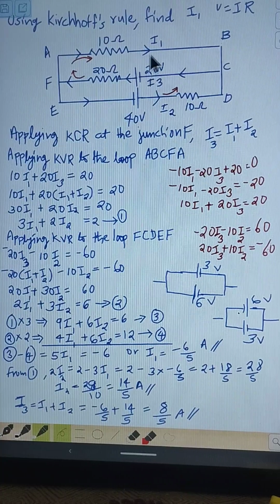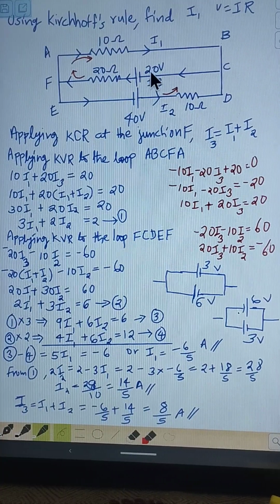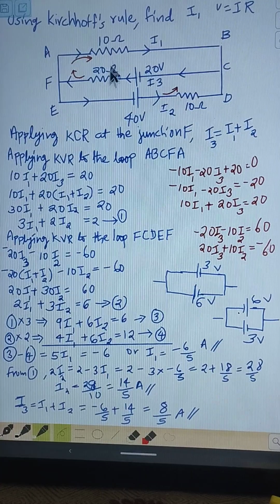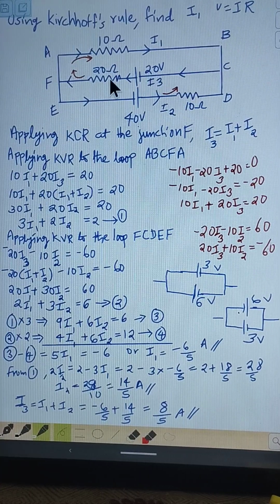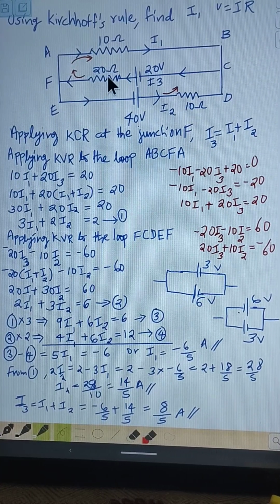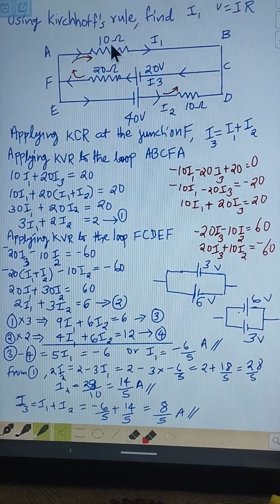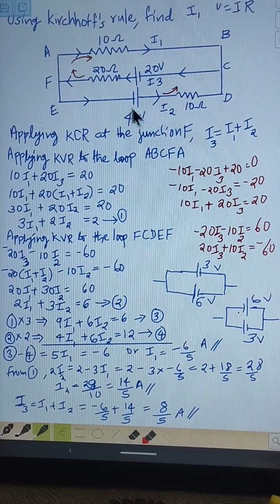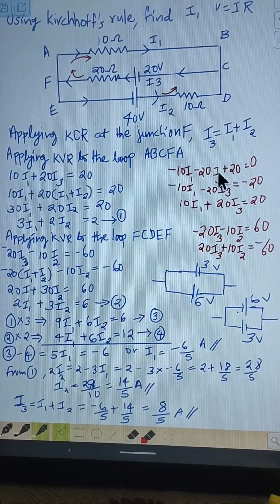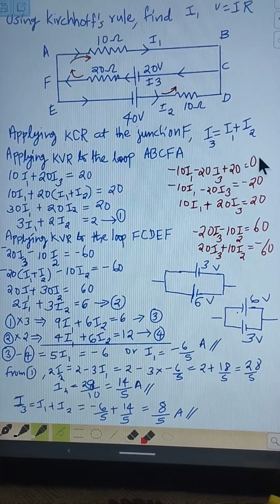So the potential of the cell should be given a positive sign, and since these devices create a potential drop, their potential should be treated as negative. That's what we are writing: minus 10 I1 minus 20 I3 plus 20 is equal to 0.